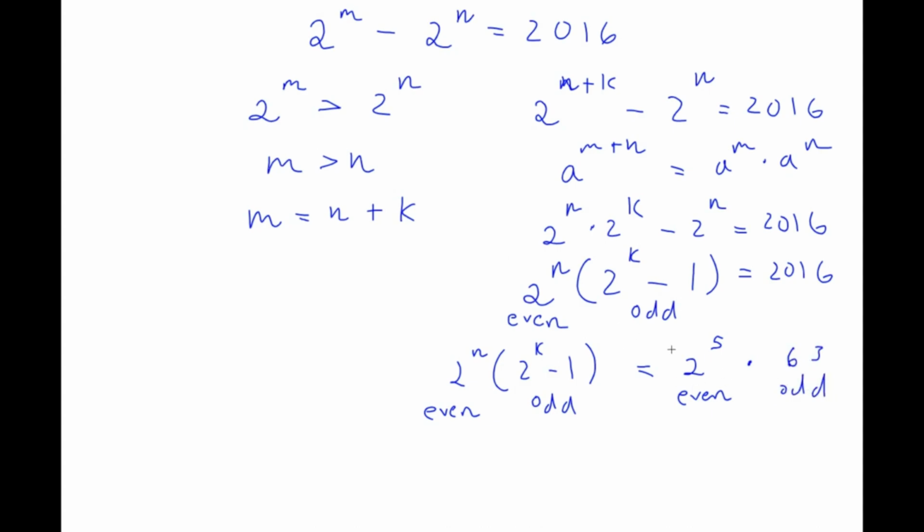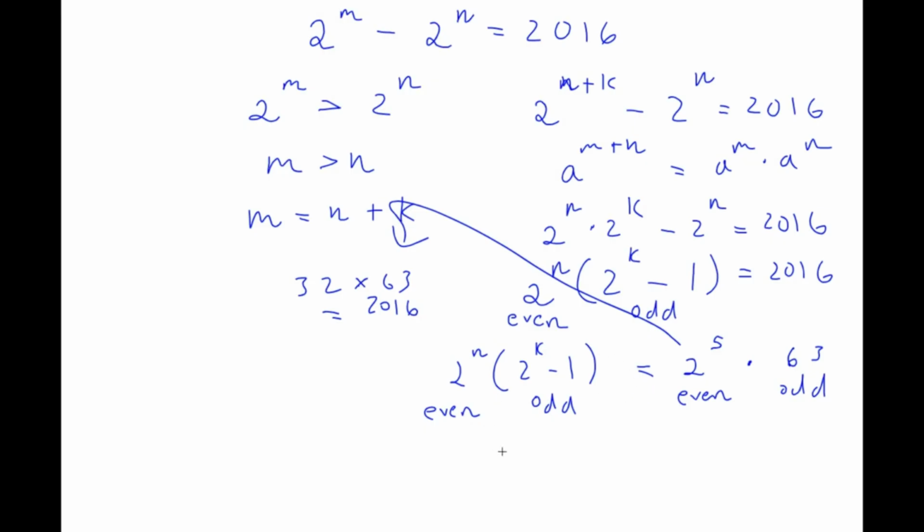Now 2 to the power of 5 is equal to 32, times 63 is equal to 2016. So I simply wrote 2016 as 2 to the power of 5 times 63 because this is an even number times an odd number.